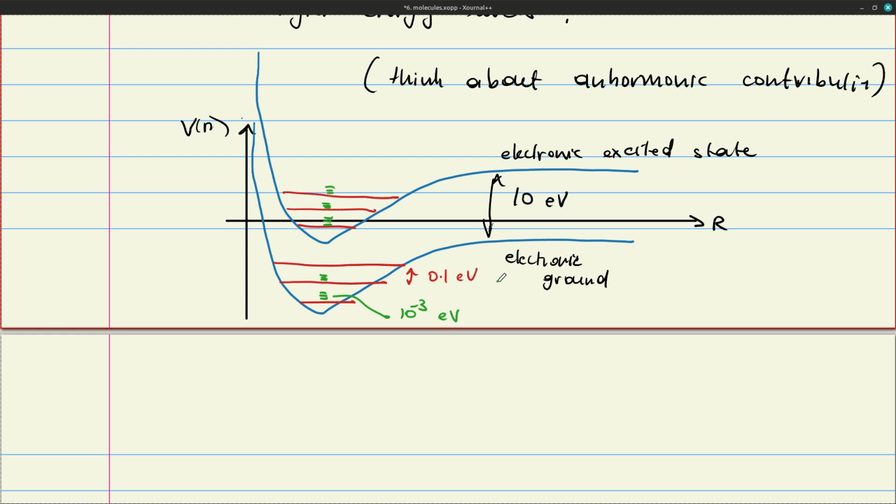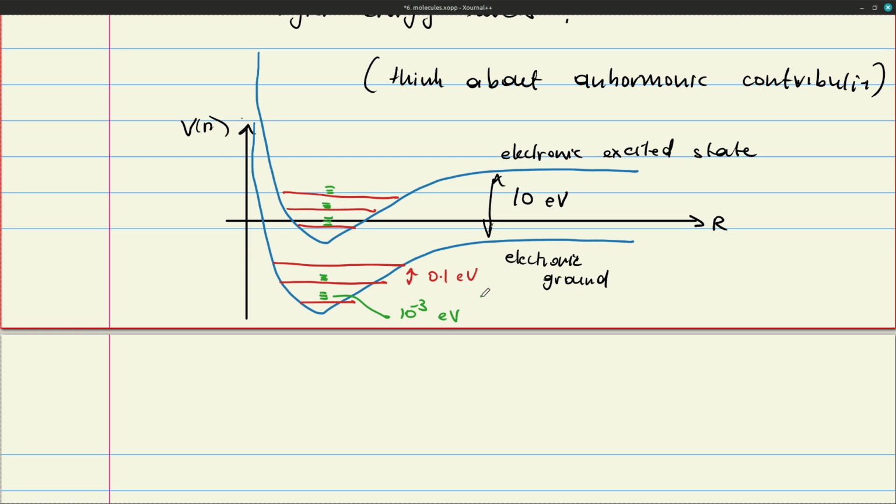And that means if you are working with molecules, you have to consider all of these levels to get what you want. For example, if you want to get a microwave, you have to think about this 10 to the minus 3 eV scale, and you convert that eV to a wavelength, so you go and think about microwaves.